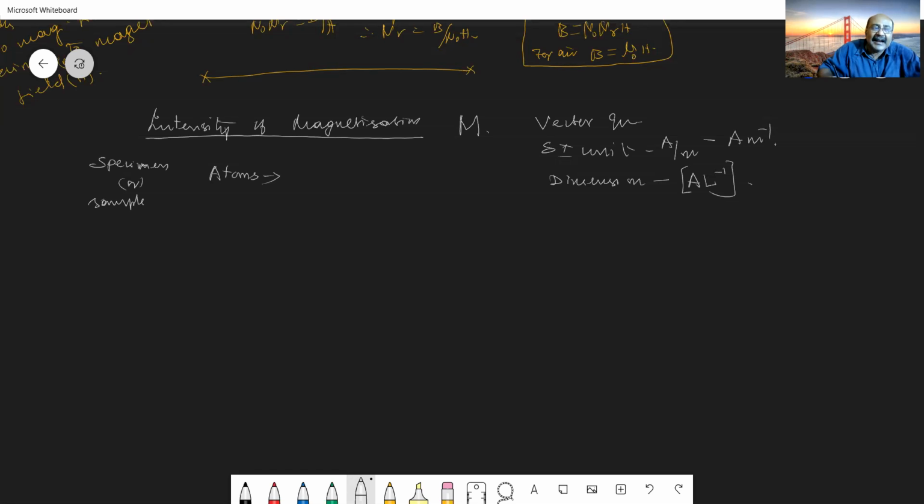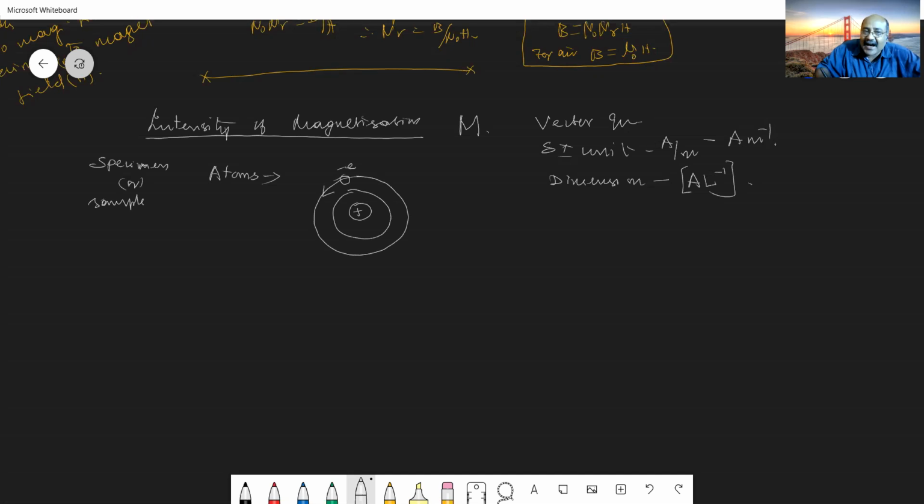When you consider an atom, at the center of the atom you have the positively charged nucleus. Around it you have many orbits in which you find the electrons. So the electrons are revolving around the nucleus in an orbit.